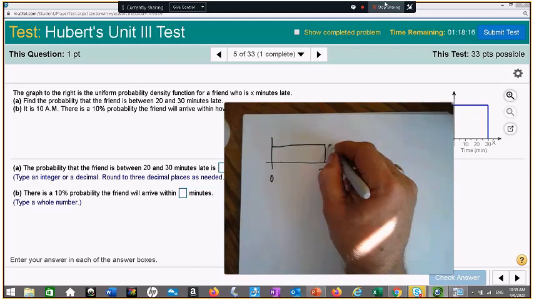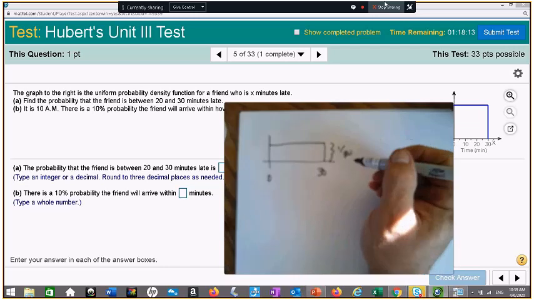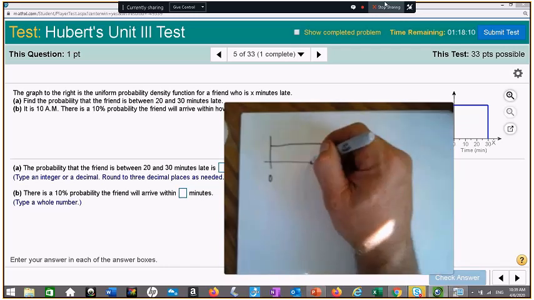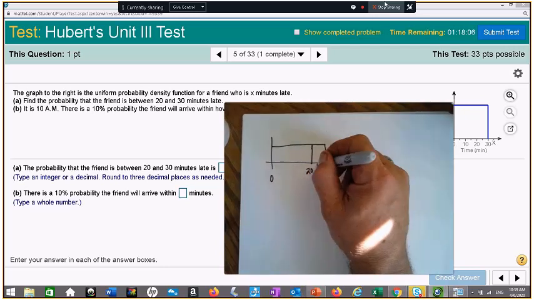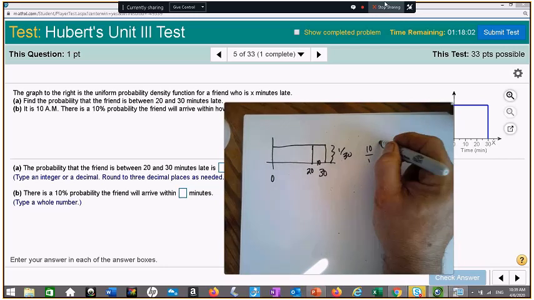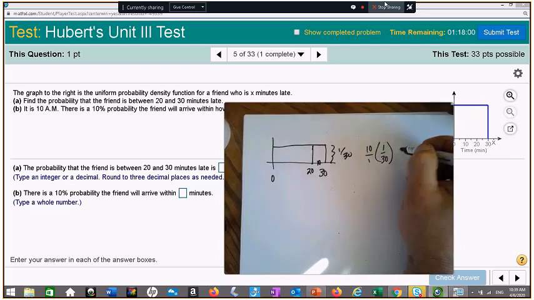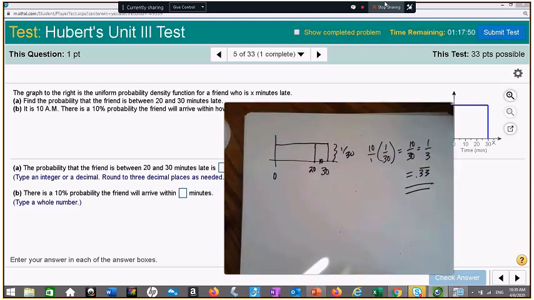That means that this height is equal to 1 over 30. And they want to know between 20 and 30. So 20 and 30 is 10. So 10 times 1 over 30 is equal to 10 over 30, which is equal to 1/3, which is equal to 0.33 repeating. All right, so that's the first part.